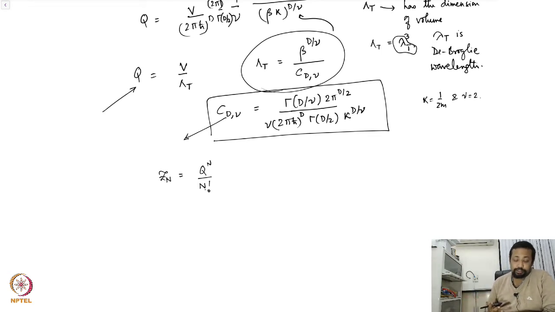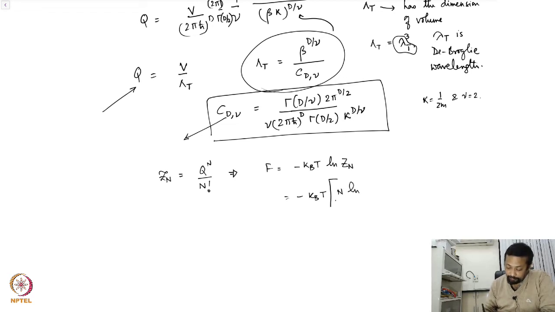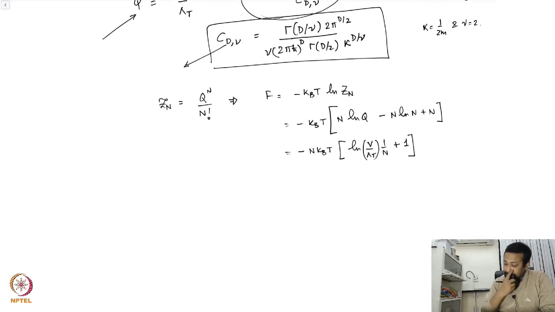So the total possibility of overcounting permutations is n factorial, with which you divide this, which implies the free energy, which is minus kBT ln of Zn, is going to be minus kBT n, we'll put that in a bracket, ln q minus n ln n plus n, and this becomes minus n kBT ln v over lambda t times 1 by n plus 1. So this is your free energy.